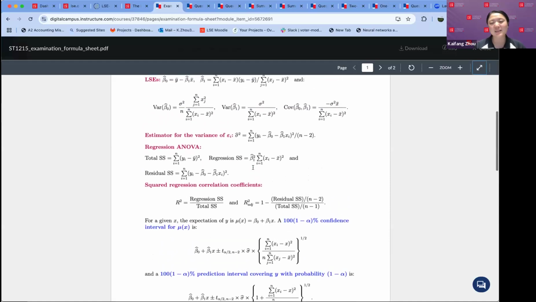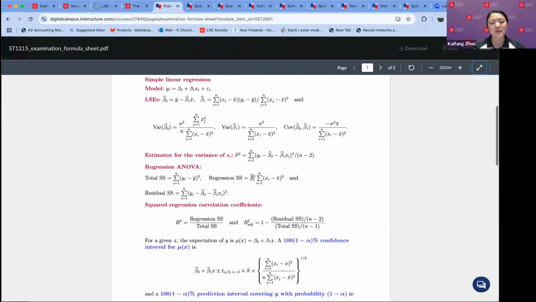The formulas are here, but it is still not very straightforward to apply them, because you still need to decompose the formula into a simpler form in order to complete the calculation.